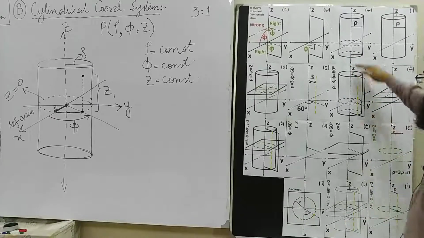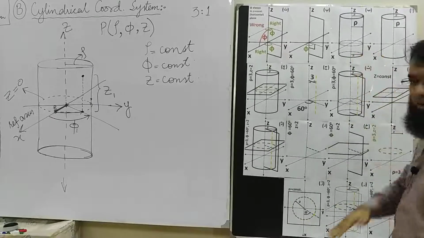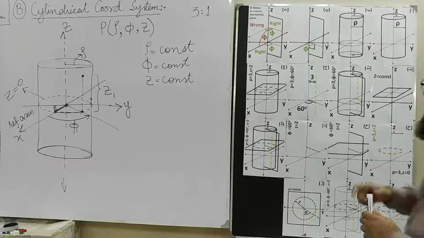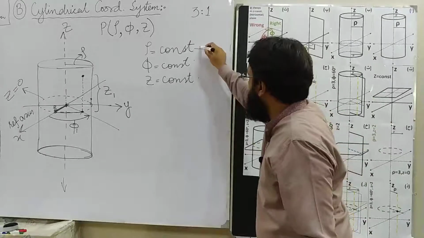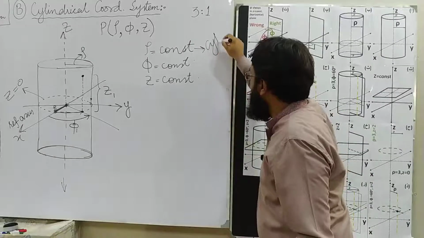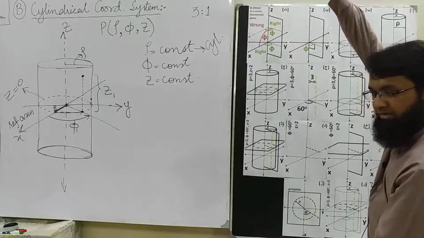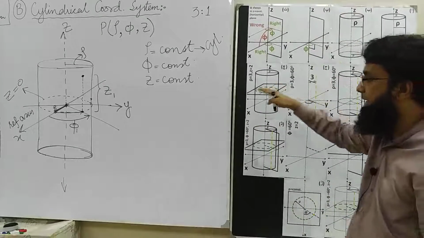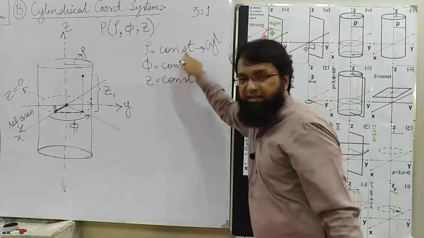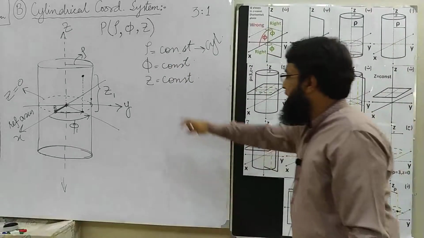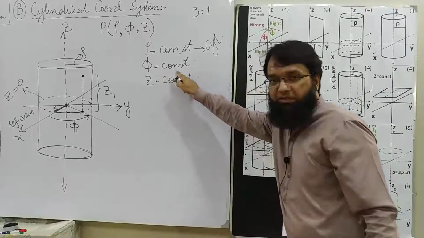So this rho radius is always on the horizontal plane. Remember that. All right, so this is a cylinder of infinite height along the z axis but of constant radius, and that constant radius is given by this constant. So the second fundamental surface is phi equals constant.